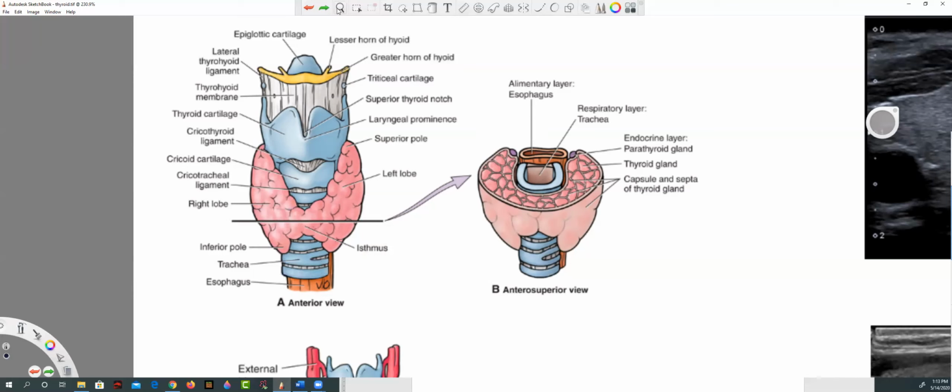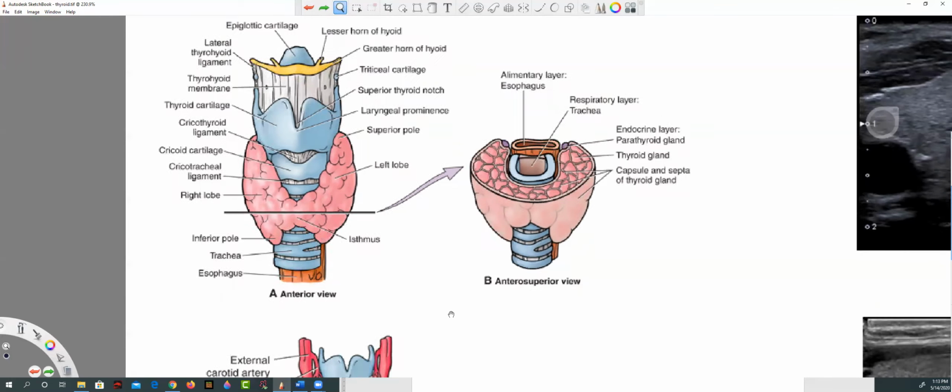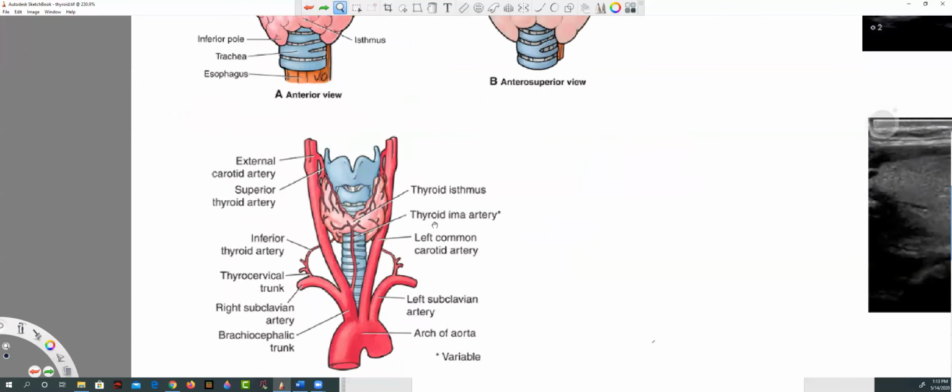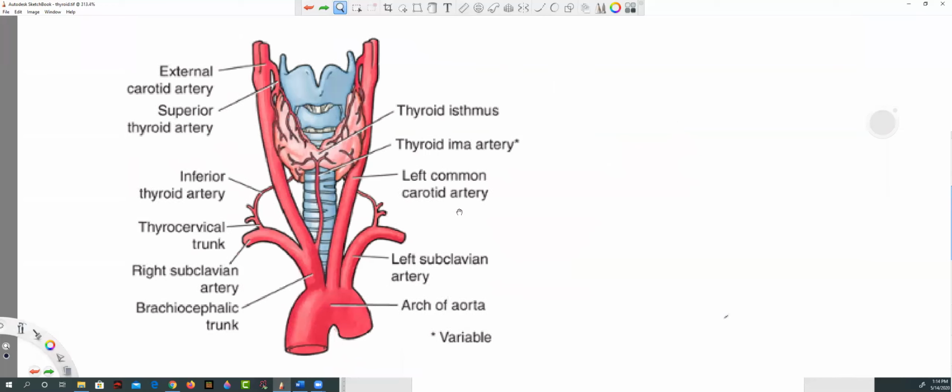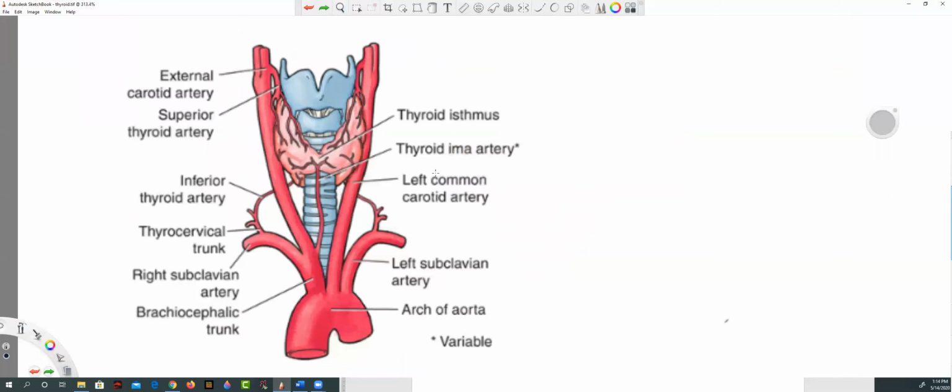Okay. Now the thyroid is fed by 4 arteries. 2 of these you've already heard of, at least I hope you heard. We did talk about them when we were talking about doing a carotid artery. And generally, it is the first artery that comes off of the external carotid artery, the ECA.